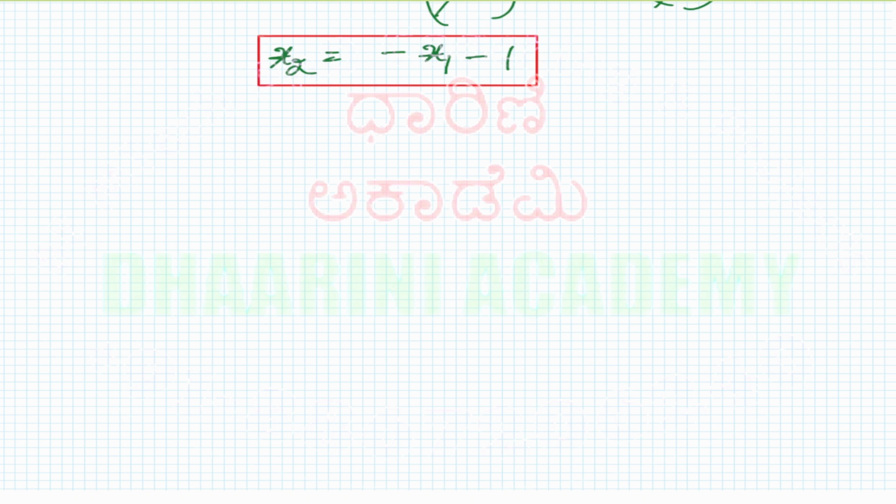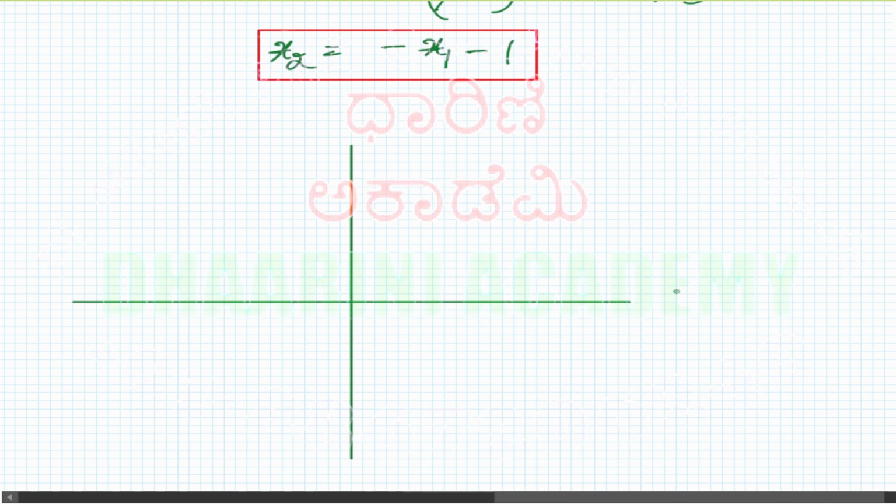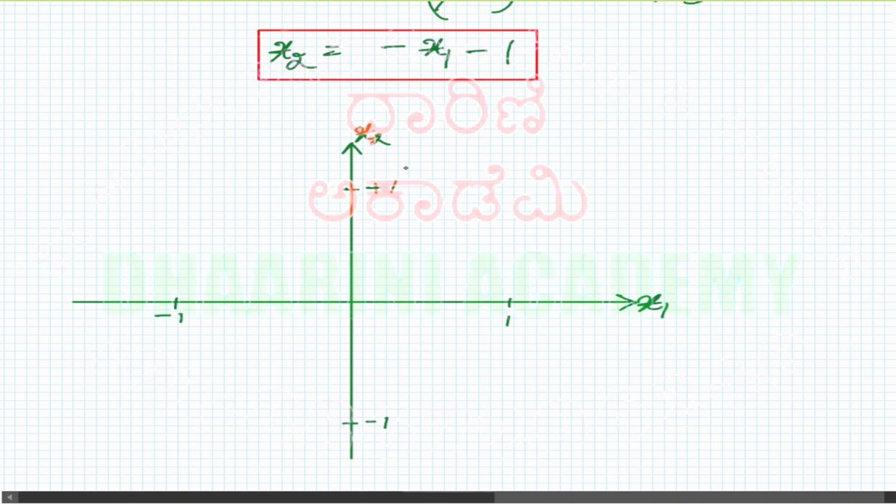So let's draw the coordinate system first. We know that the first coordinate is x1, the second coordinate is x2, and we'll mark the points now. So this is along the x-axis plus 1, this is minus 1, this is plus 1, and let's assume that this is minus 1. All right, so we'll draw the four coordinates here.